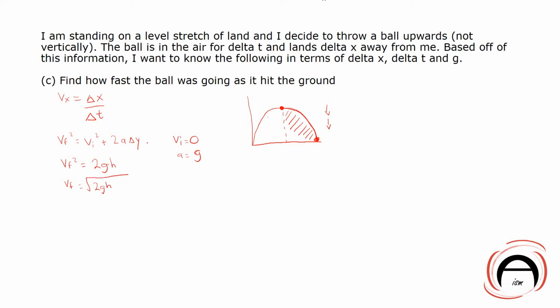So you're ready to find your final velocity. You can think of it in terms of finding that magnitude, which I'm going to do right now. So v final is equal to the square root of delta x squared over delta t squared plus root 2gh, squared.